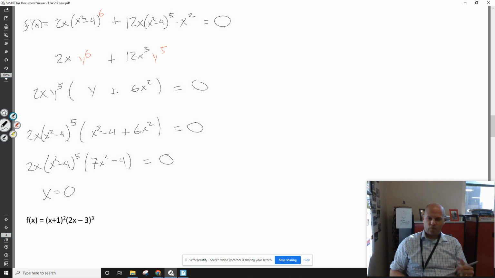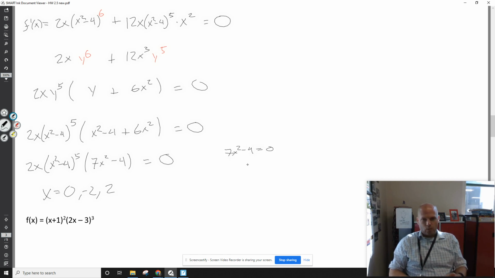From x squared minus 4, you could factor it, or just set the inside equal to 0, add the 4, square root. You get positive and negative 2. From 7x squared minus 4 equals 0, I add 4, I divide by 7. I'll get plus or minus, because I'm square rooting an unknown squared, the square root of 4/7.